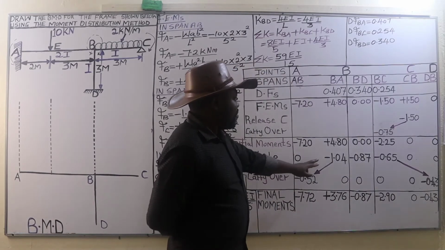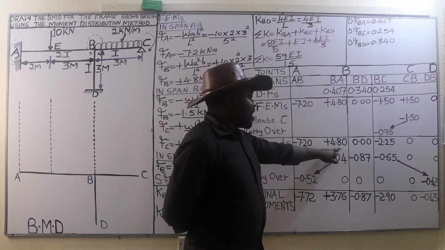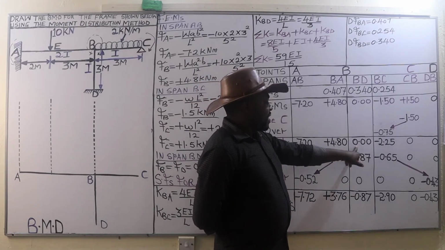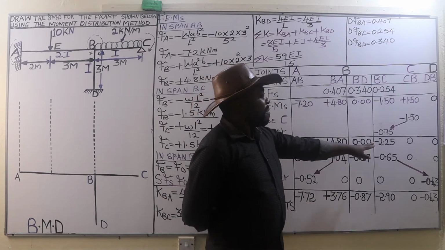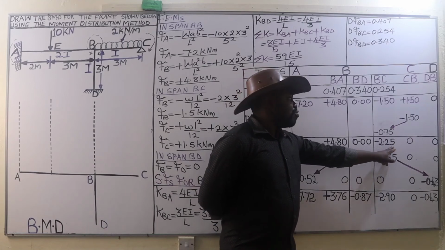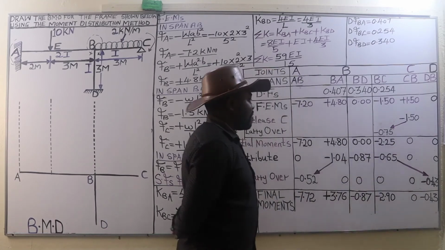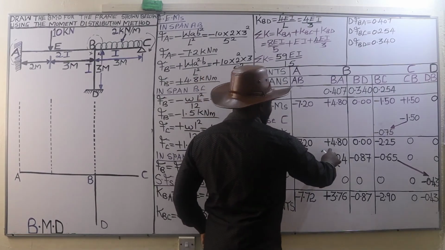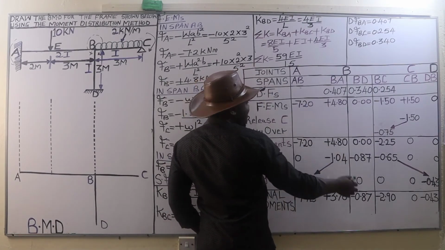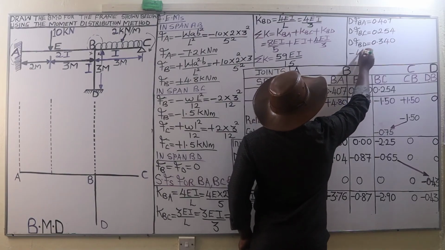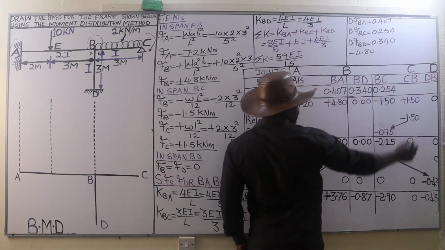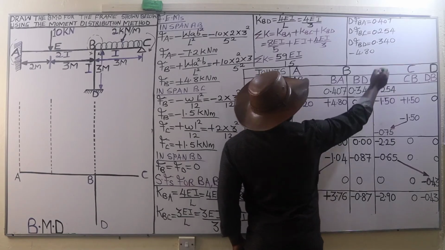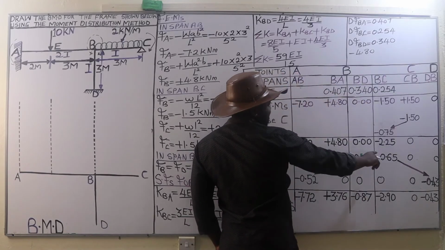So in this case, we take this 4.80, we change its sign, it is going to be negative 4.80. Then we add this 0, definitely there's nothing.